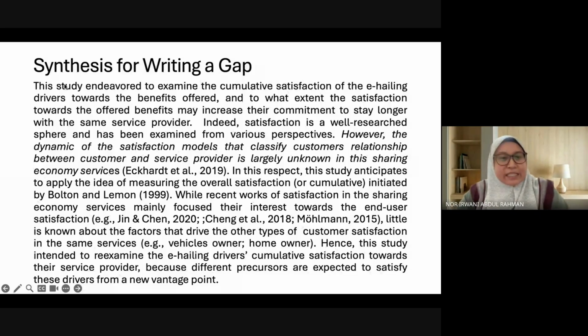This study endeavors to examine cumulative. However, the dynamics of the satisfaction model that classify blah blah blah. So you have to state the idea first, and then report the last study. I start my study on 2019.